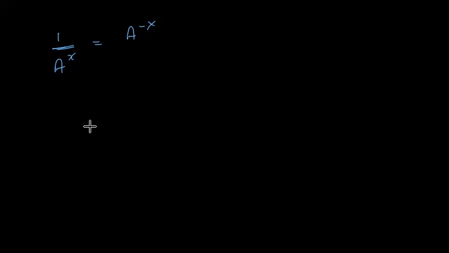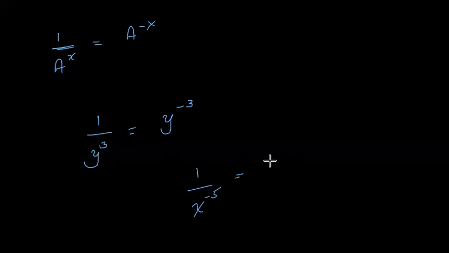One more example. If I had 1 over y to the 3rd, this will become y to the minus 3. But if I had 1 over x to the minus 5, this will become, sorry, x to the positive 5.